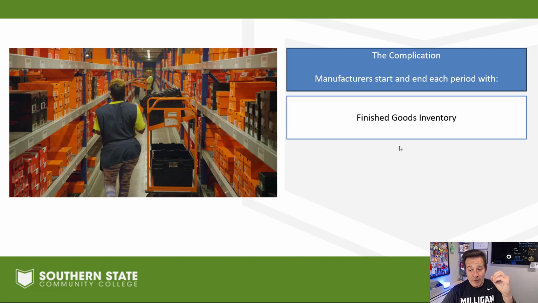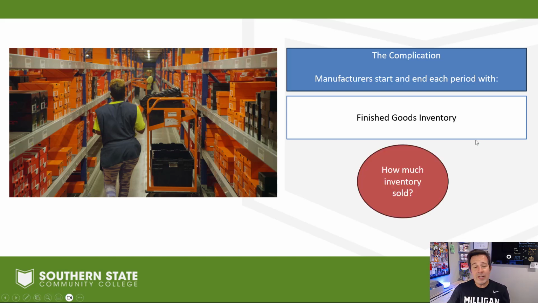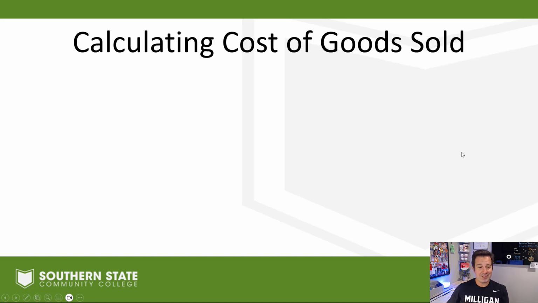If we started with no inventory in finished goods, and we sold every single item we made, cost of goods sold would just be the product cost. Nothing really to think about there. But because our manufacturers will begin a period with finished goods inventory and they'll end the period with finished goods inventory, we got to figure out how much inventory was sold. So that's our complication. Calculating cost of goods sold.